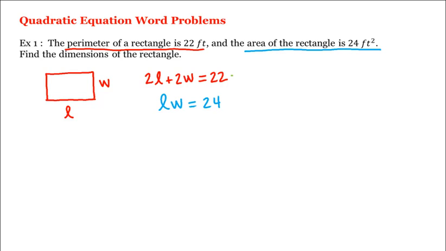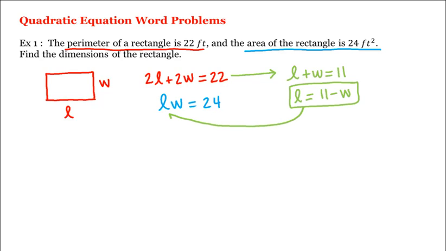Now we can divide both sides of this perimeter equation by 2, which gives us L plus W is equal to 11, or L is equal to 11 minus W, which we then can plug into this area equation, which would give us an equation that just involves W. Namely, 11 minus W times W is equal to 24, or 11W minus W squared is equal to 24.